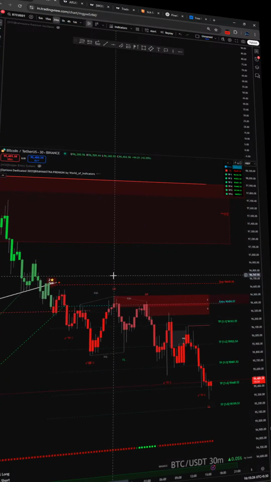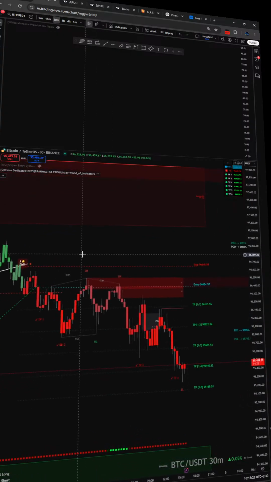This will be the best entry when you don't want to trade on signals, you want to use your SMC concept or price action concept.